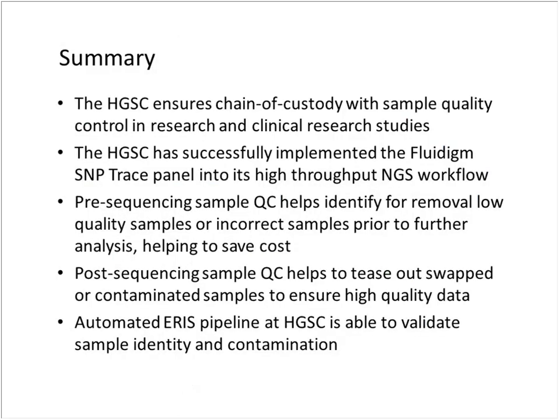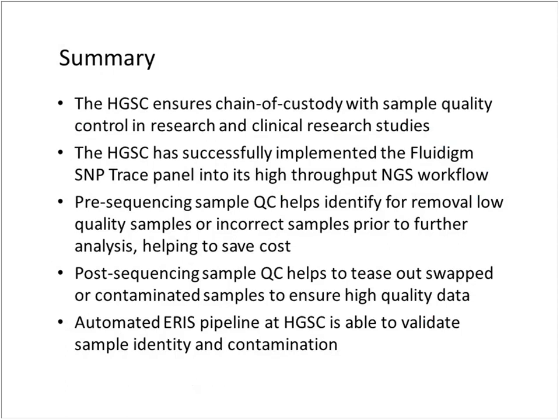To summarize, the HGSC ensures chains of custody with sample quality control in research and clinical research studies. The HGSC has successfully implemented the Fluidigm SNP Trace panel into its high-throughput next-gen sequencing workflow.